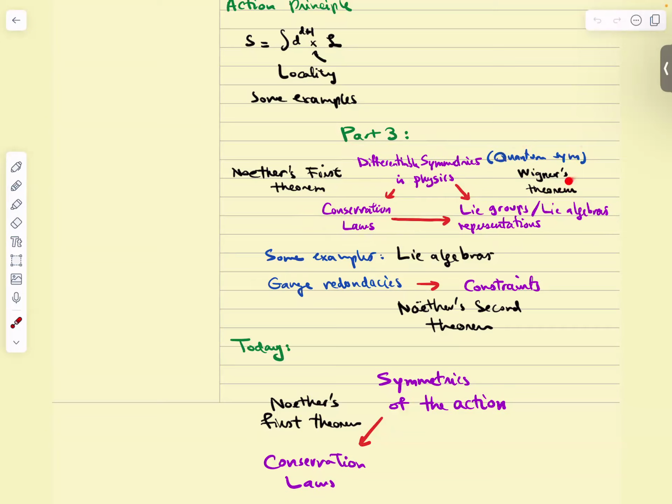We'll talk about Wigner's theorem, which is a connection between representations and symmetries in quantum mechanics. Do you guys know anyone already? What's Wigner's theorem? It says symmetries are represented unitarily on the Hilbert space or anti-unitarily.